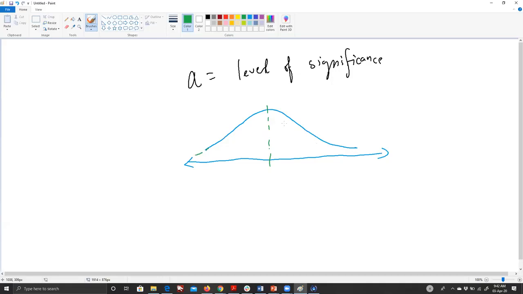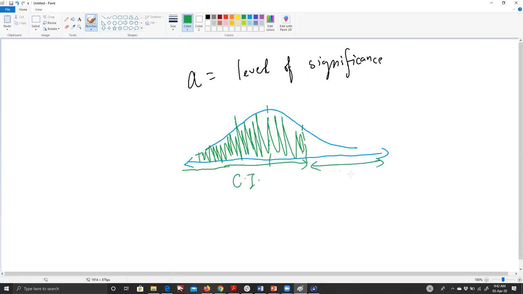Not exactly. Let's say it's the upper tail problem. If this is your confidence region or confidence interval, then the rest of this part is called alpha. Or it's 1 minus, yeah?